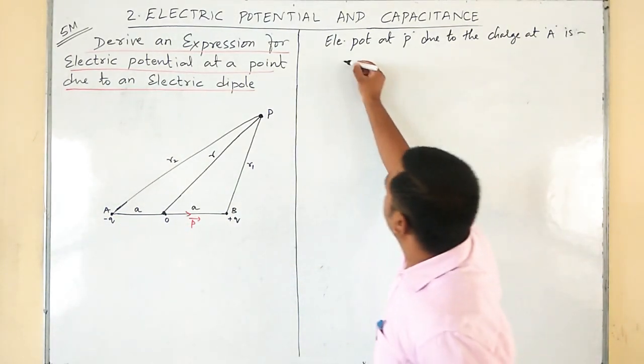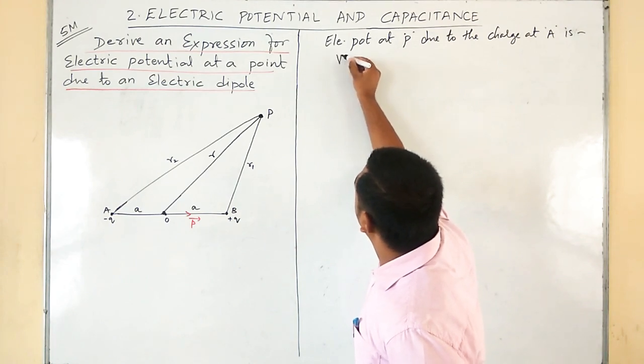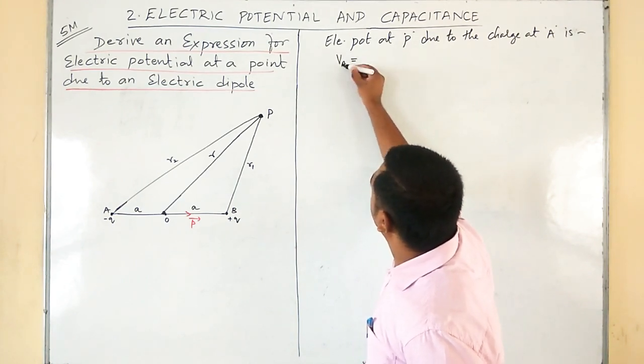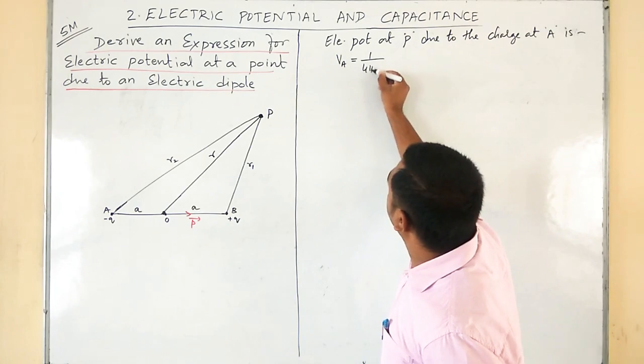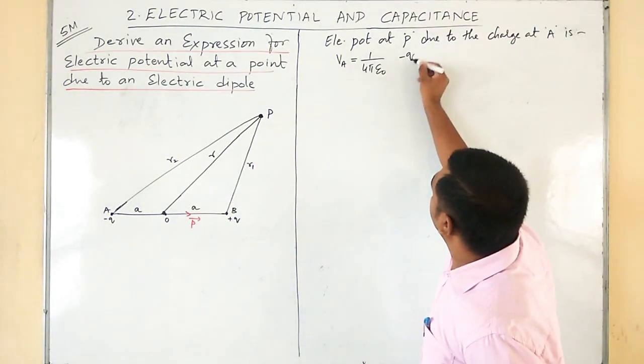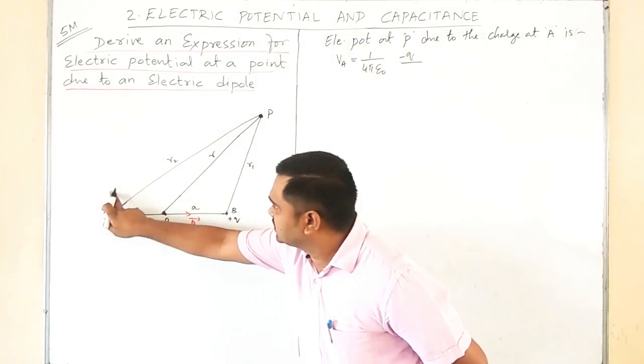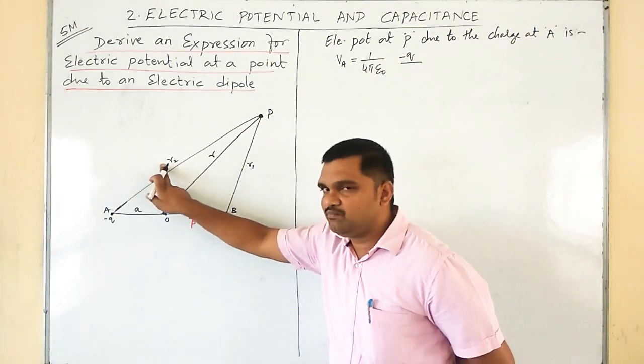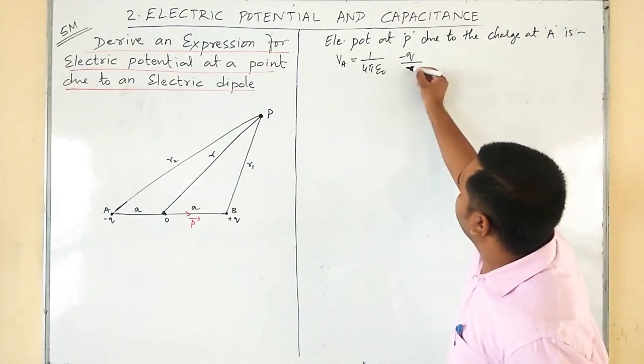Minus q. Therefore, it is given by VA is equal to 1 by 4 pi epsilon naught, what type of charge is there? Minus q, minus q divided by, what is this distance? You can call it R2, otherwise simply AP.